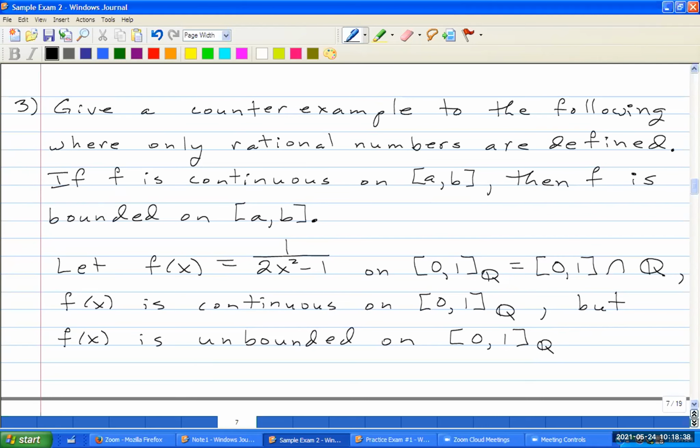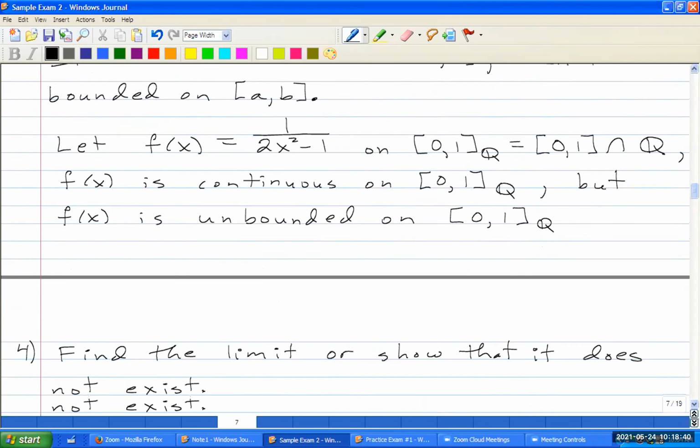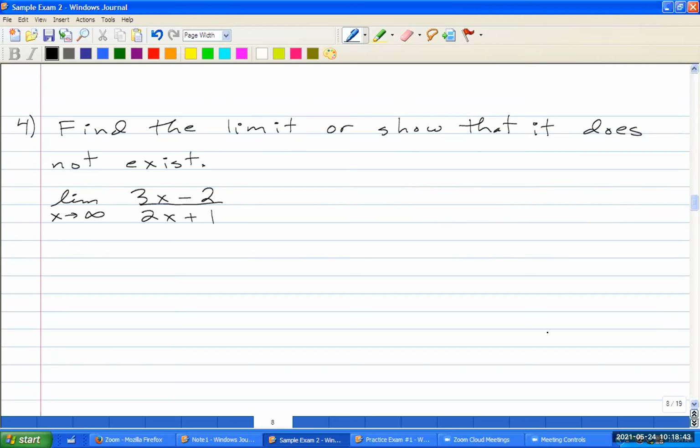Okay, let's do problem number 4. Find the limit or show that it does not exist. Okay, so that's a nice, relatively easy function here. So the limit as x approaches infinity of 3x minus 2 over 2x plus 1.